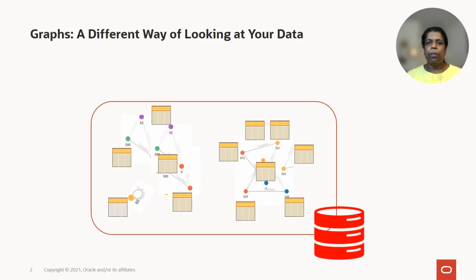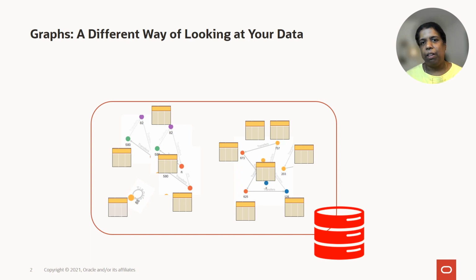When you model your data as a graph, it enables you to explicitly model the relationships and connections between your data entities, giving you a different way of looking at your data. When you store your data as tables in rows and columns, some of these relationships might be implicit.